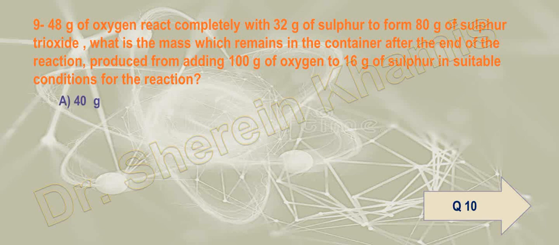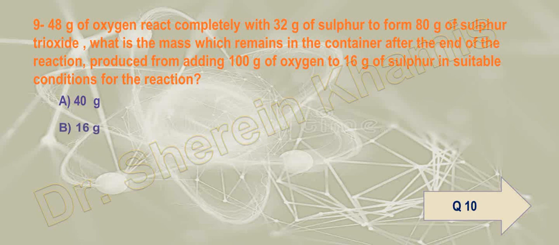We want to know the mass at the end of the reaction when adding 100 to 16. If we compare, we have 80 produced in the first case. If we sum oxygen and sulfur here, it will be 116, compared to the 80 gram.